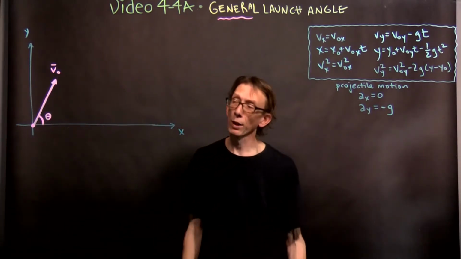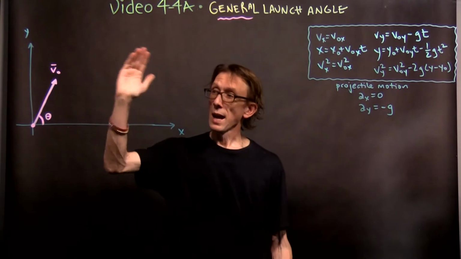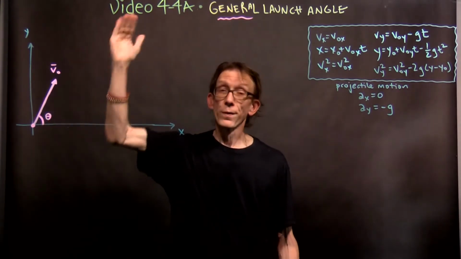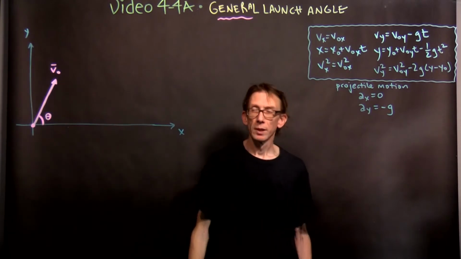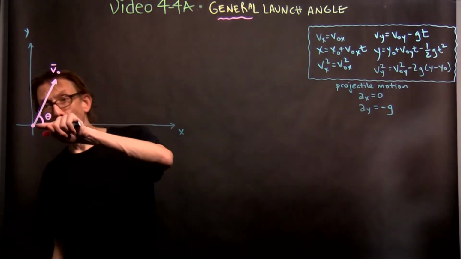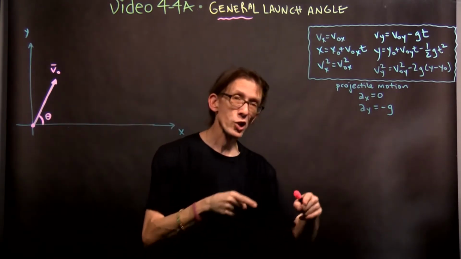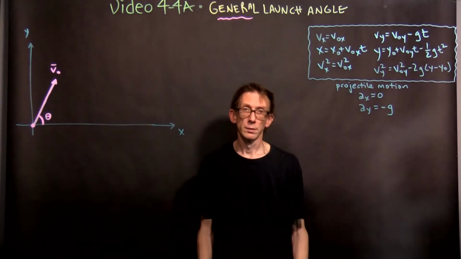And so what we have here is an initial velocity vector. This is not the path the ball stays on. This is the vector indicating its initial velocity.